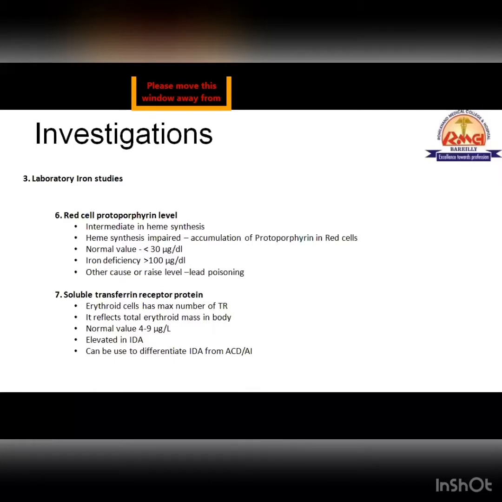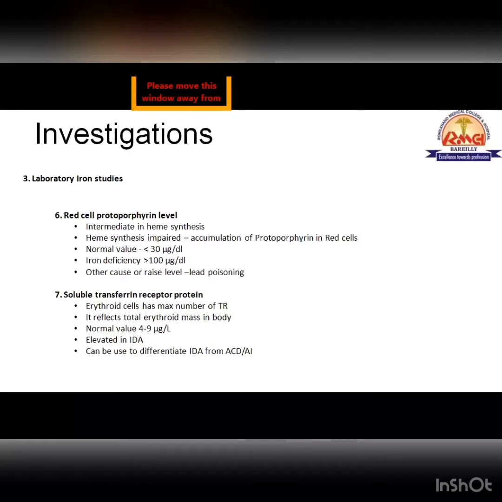The normal value of soluble transferrin receptor is 4 to 9. For the sake of remembering, we can remember 10, because 4 to 9 will be hard to remember, so we remember 10 as an approximate value.